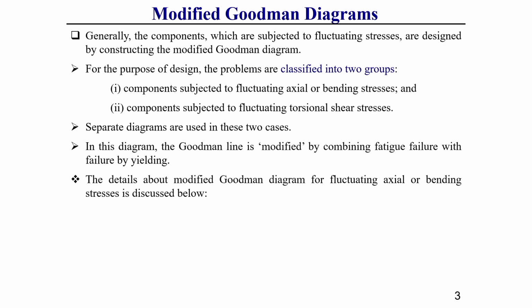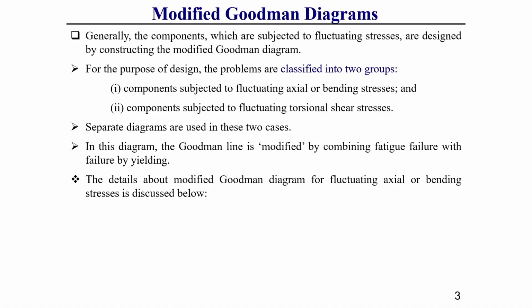I have already discussed that components subjected to fluctuating types of loading or stresses are designed by constructing the modified Goodman diagram, as discussed in the last lecture. For the purpose of that design, the problems are generally classified into two groups.